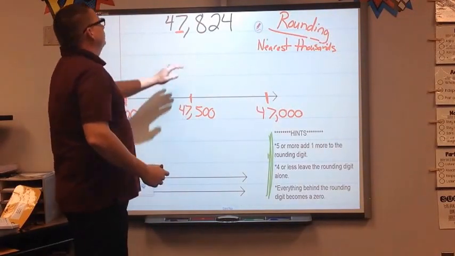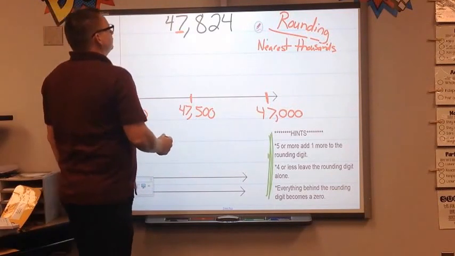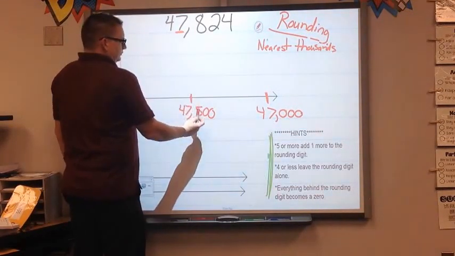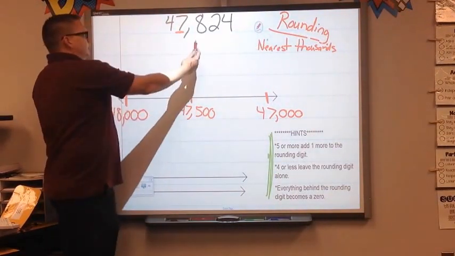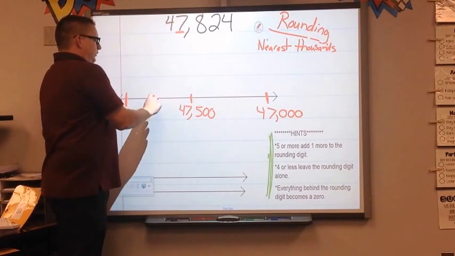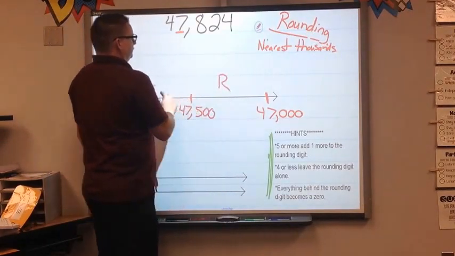All right. Now I just need to decide, where would that number go on this number line? Well, it's 47,824. Ooh, so is 824 going to be below the 500 or bigger than the 500? Yeah, it's definitely going to be somewhere right on here, and we're not being exact. So just as long as you know that it is going to go on the right side somewhere.